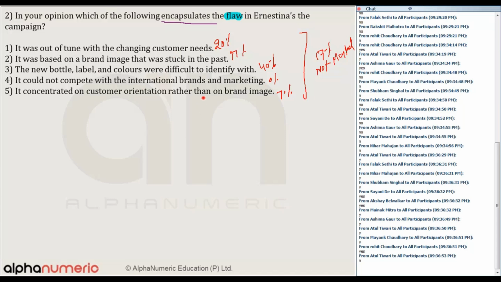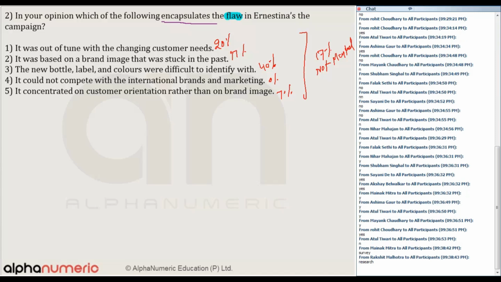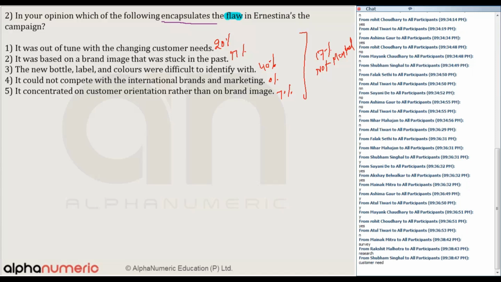First of all, remember when you do a marketing campaign, okay, the campaign is based on what? If any one of you wanted to do a marketing campaign, it will be based on a survey, it will be based on research. Yes, that's right. Customer need, yeah.